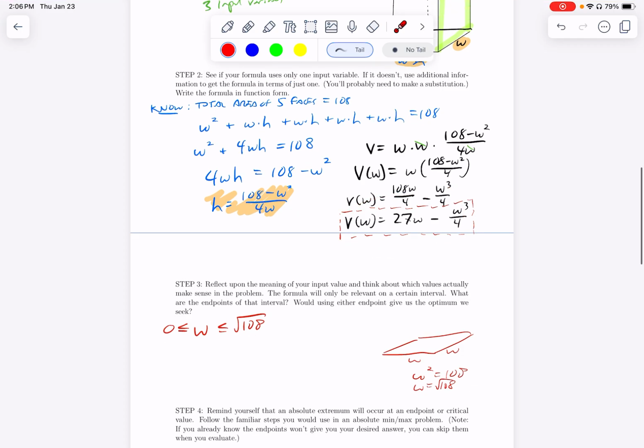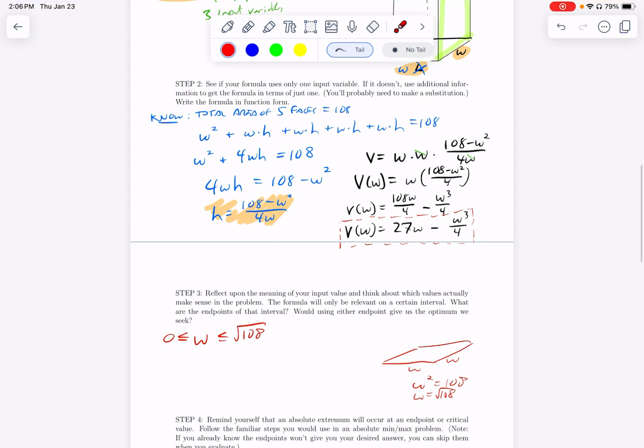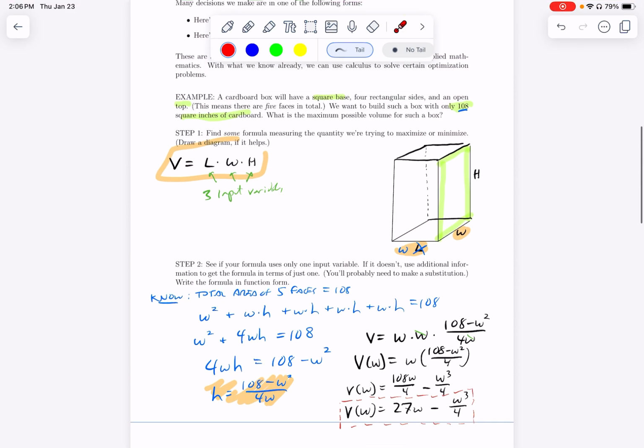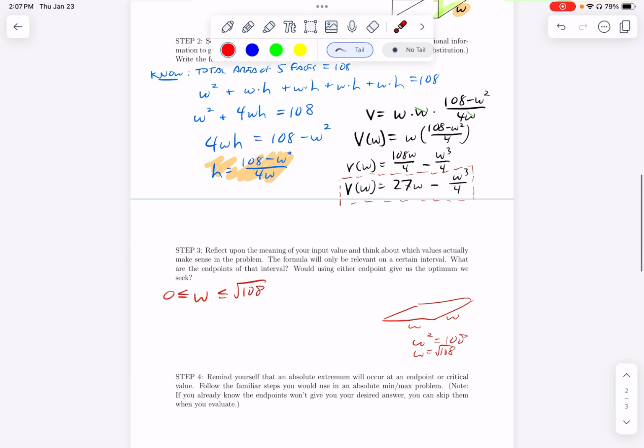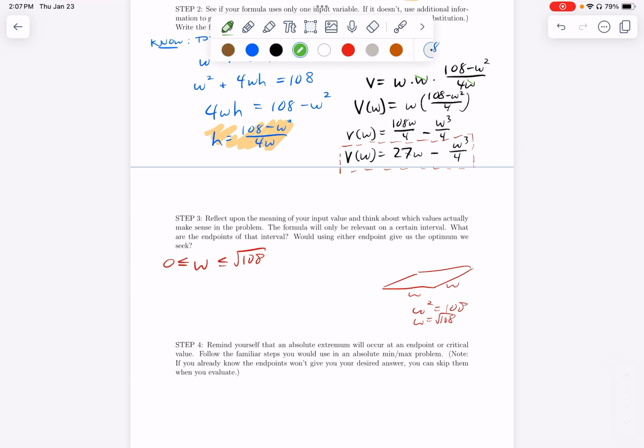But let's think about what we are trying to do in this problem. We are trying to find the maximum volume. So if we reflect upon this, this would basically mean making the width as small as possible, which means we'd have this ridiculous looking box.